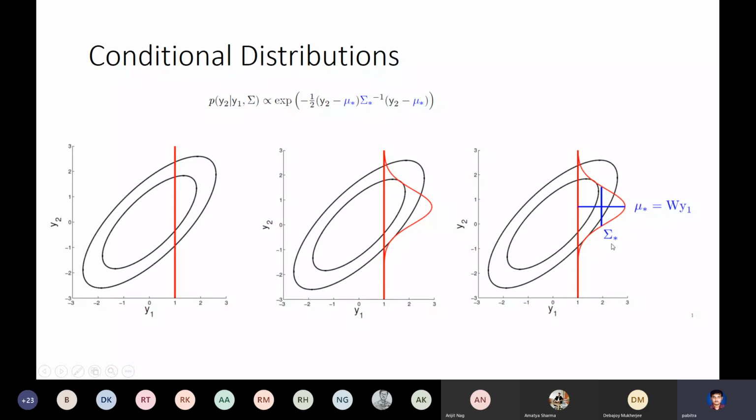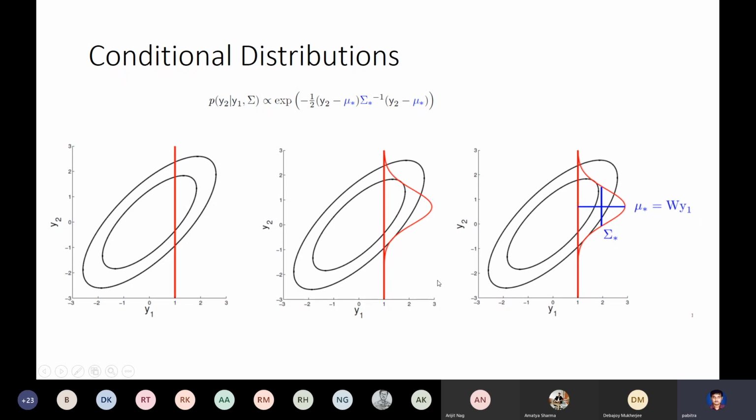Similarly, there will be a sigma star, a variance, and this sigma star will directly depend on the original sigma. So the conditional is a closed form expression, which is a simple combination of the old sigma multiplied by some linear constant into y1.